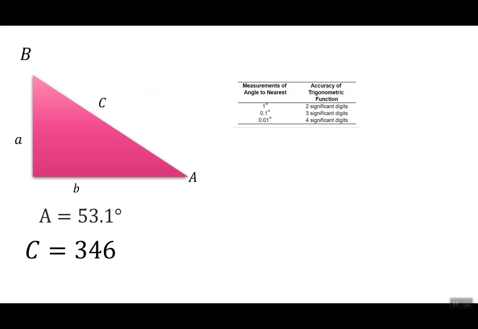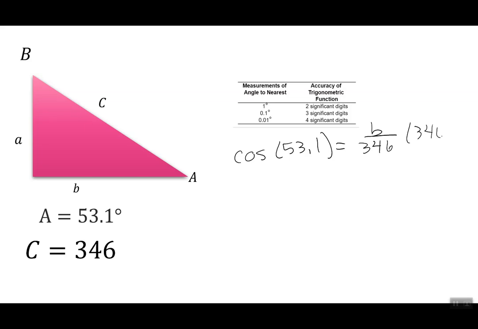Let's do the same thing with B. With B, I'm adjacent. So adjacent looks like cosine of 53.1. And that would be the adjacent B over the hypotenuse 346.